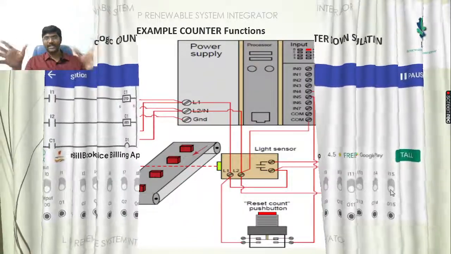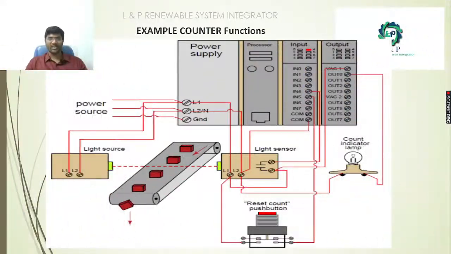So this is a simple example of how we can make the connections in order to make the counter. See here, we can make a program inside it with the help of this light sensor. We are providing it as an input for the counting operation.